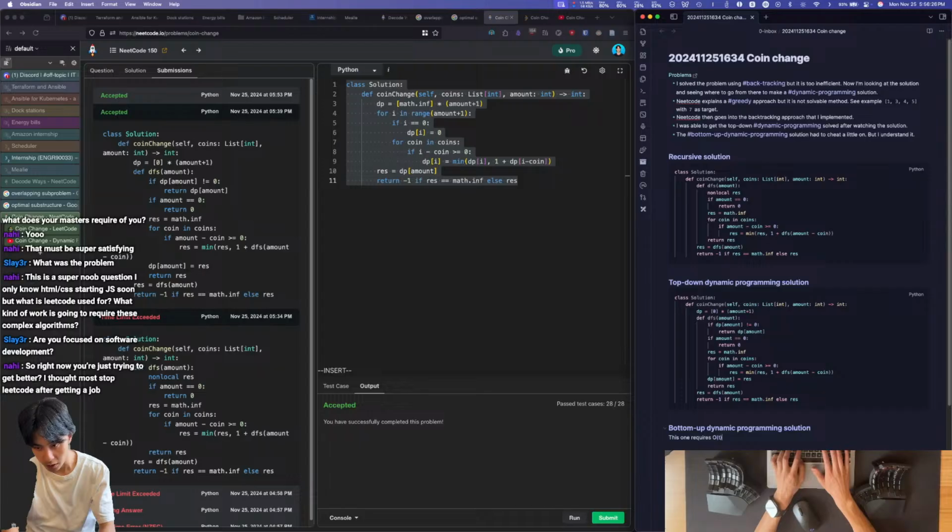This one requires O of t space and not O of 1 because you need random access to the memoized information. All right, memoized information.